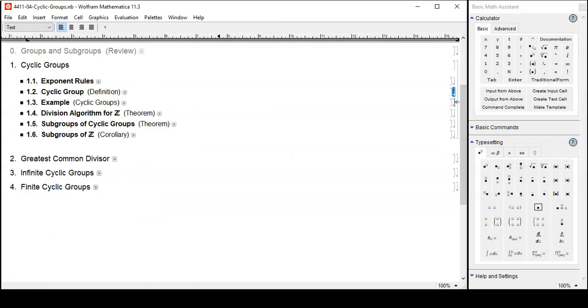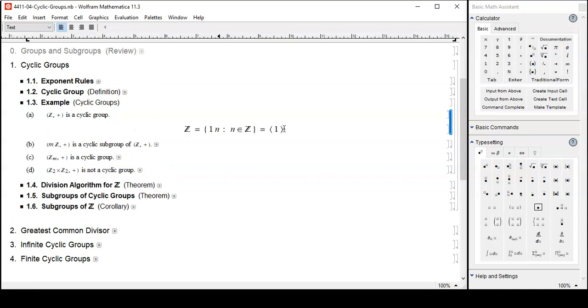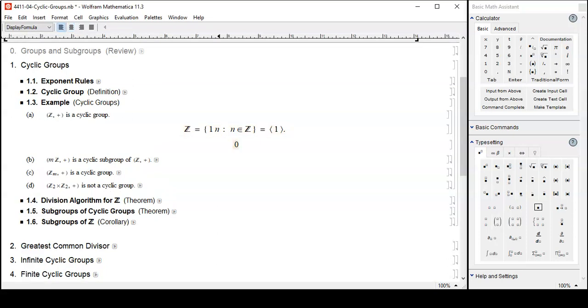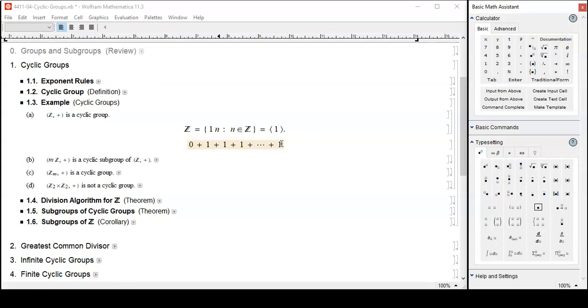Let's look at some examples, and here's a nice example. Very, very typical example. The set of all integers, that's a cyclic group generated by 1. Elements here look like this: 0 plus 1 plus 1 plus 1, repeated many times like this. So add it 0 times, you get 0, no addition at all.